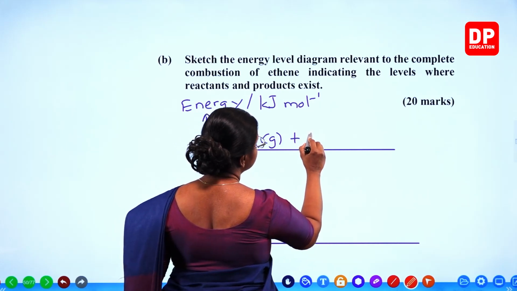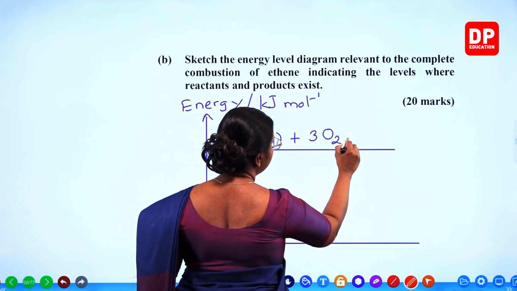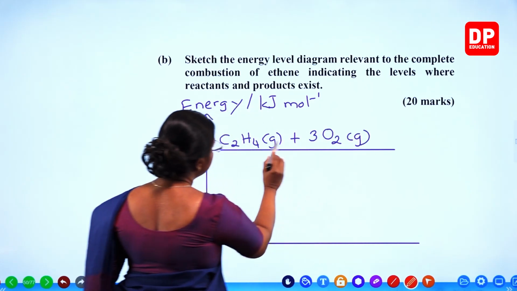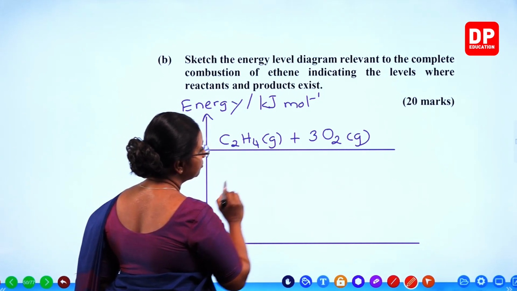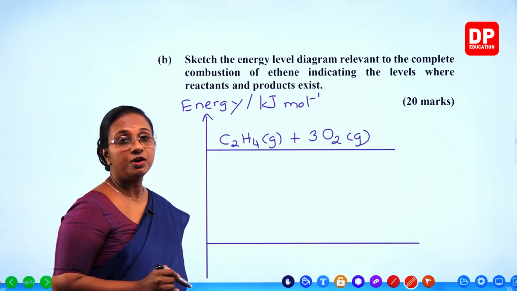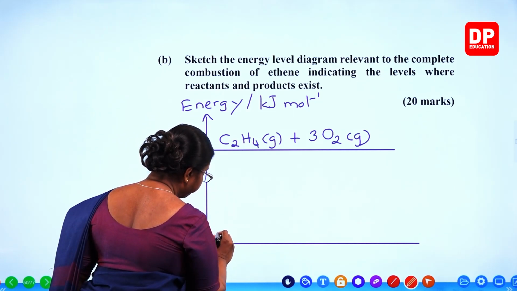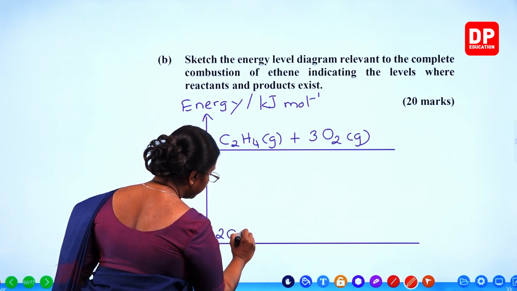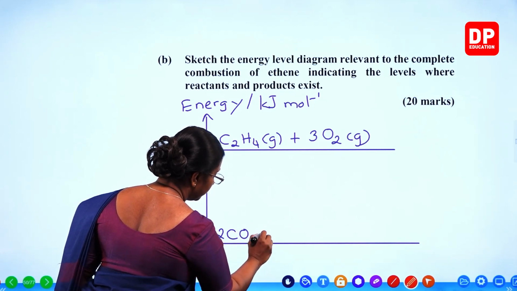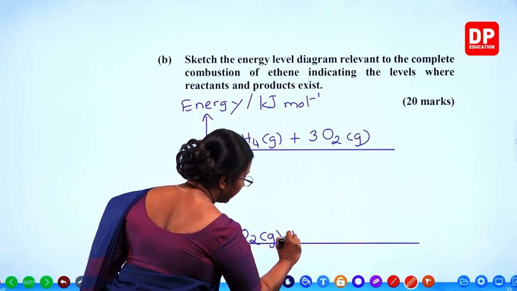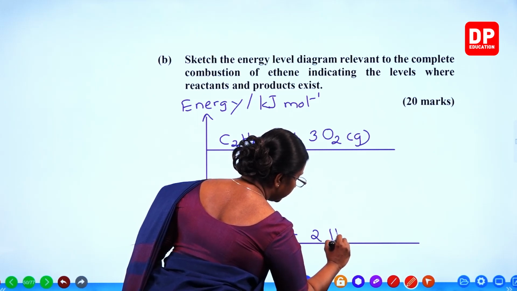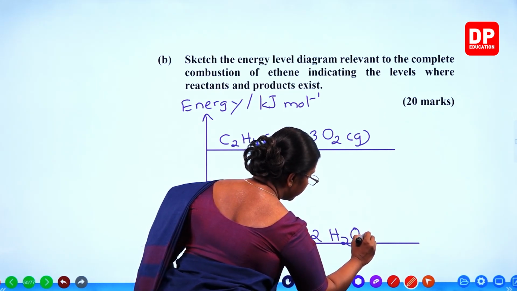C2H4 gas plus 3 O2 gas. So here it is only 1 molecule of C2H4. There are 3 molecules of oxygen gas. Then the products are going to be 2 CO2 gas plus 2 H2O liquid.